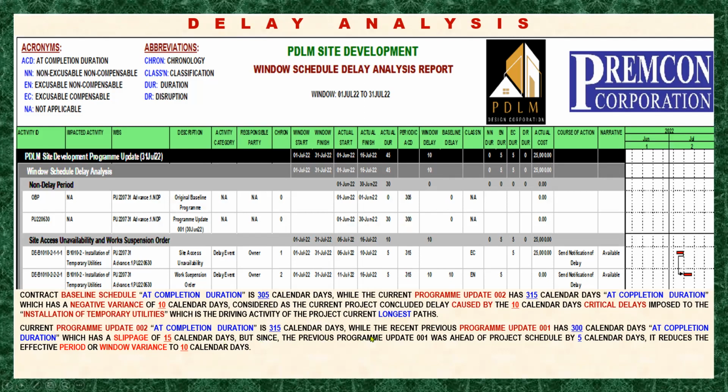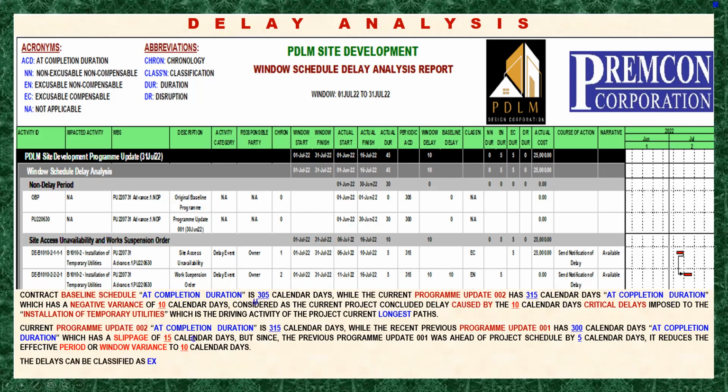But since the previous program update 001 was ahead of project schedule by 5 days, where we can find that 5 days, it reduces the effective period or window variance to 10 calendar days.